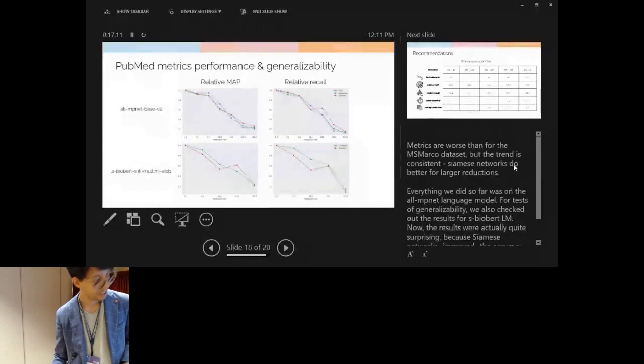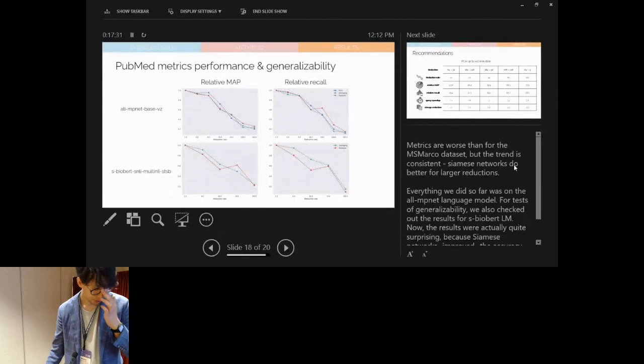And for the test of generalizability, we chose the sentence similarity fine-tuned BioBERT, because those two are very different models in the sense that even their training regime is completely different.